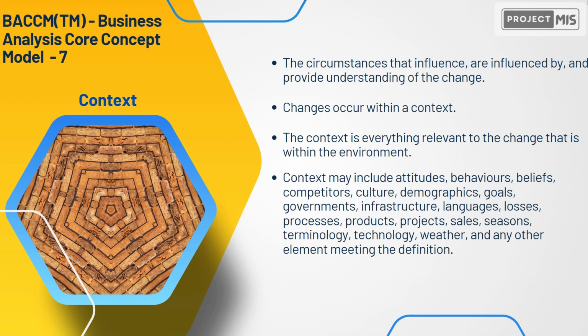Whenever there is a change, there will be some context to it, and that context we are referring to here. So the context is everything relevant to the change that is within the environment. In simple layman terms, the surrounding of your change activity is your context, which is related to your project. Now, context is very subjective.